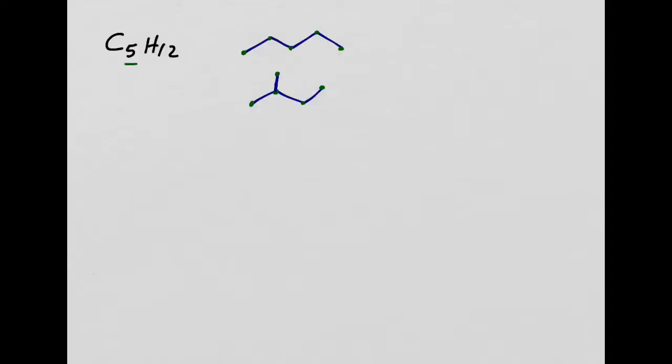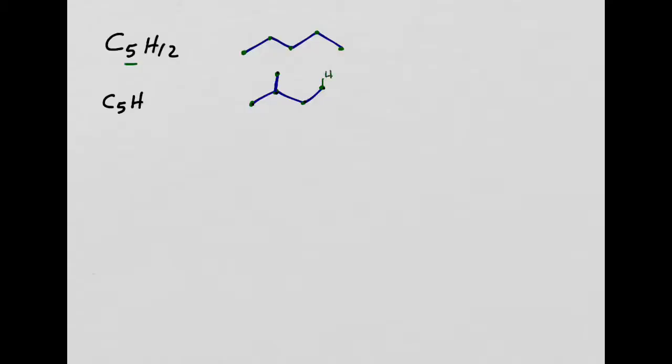Would that work? Do me a favor. We know that if we count, there are 1, 2, 3, 4, 5 carbons. Can you put the hydrogens down? Let's put the hydrogens down and actually draw it out.